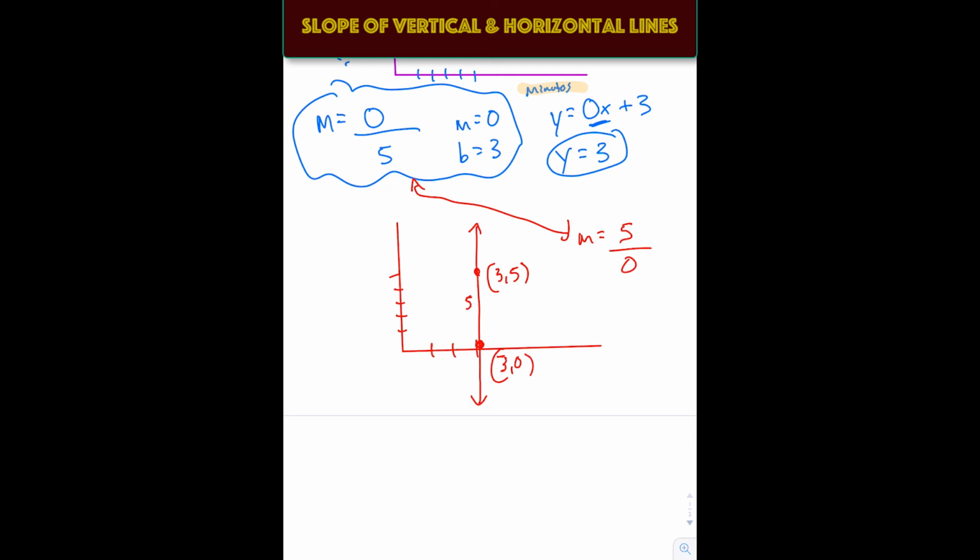Now this creates a problem. We said earlier that 0 divided by anything is 0. However, dividing anything by 0 is impossible. In other words, if my two units were minutes and pages again, I can't read 5 pages in no amount of time.